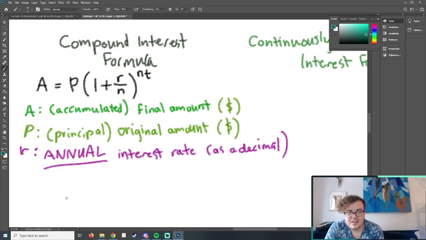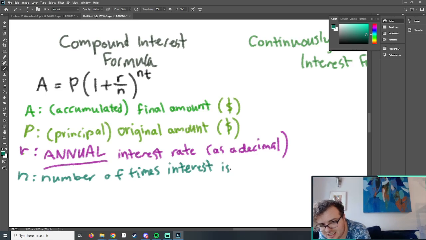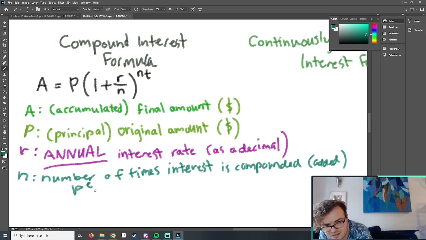n here is the number of times interest is compounded, which here just means added, per year. So for example, if they say it's compounded monthly, that means n is 12.